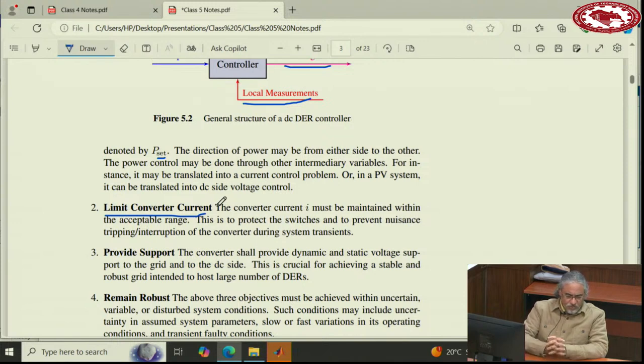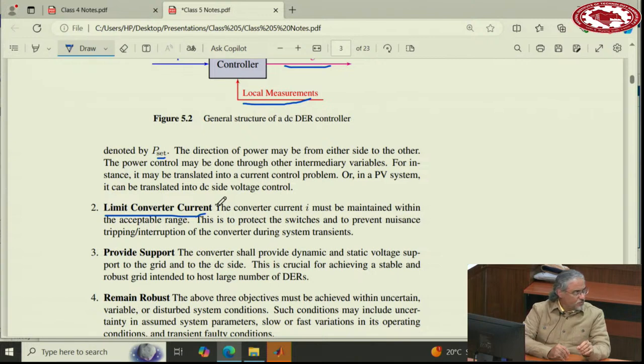Power electronic switches cannot tolerate a current much larger than their rated value. They have very limited capacity beyond it. If the rated value is 10 amperes, you are not supposed to expose this switch to more than 12 or 13 amperes.